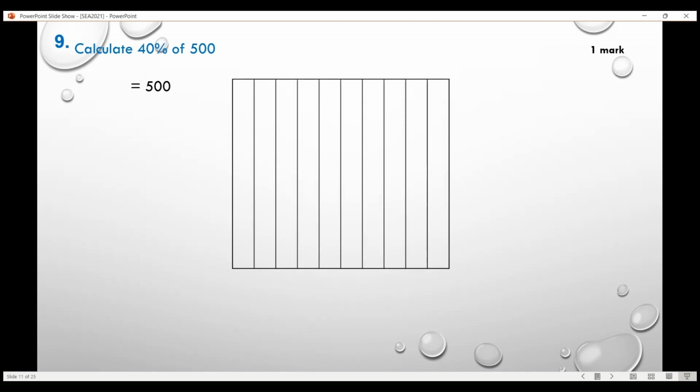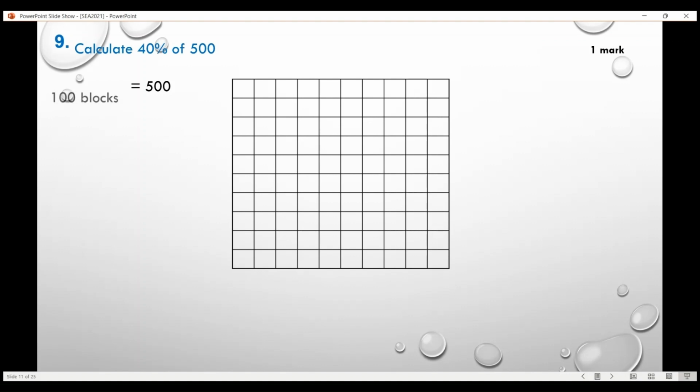And we could break it up into 10 parts and 10 by 10, 100 parts. So we could say 100 blocks is equal to 500. Or in this question, we could say 100% is equal to 500.